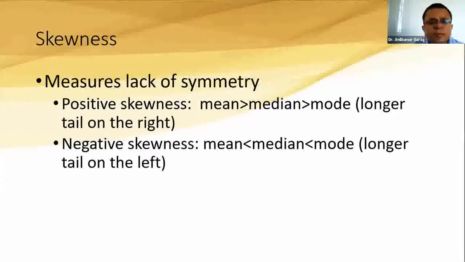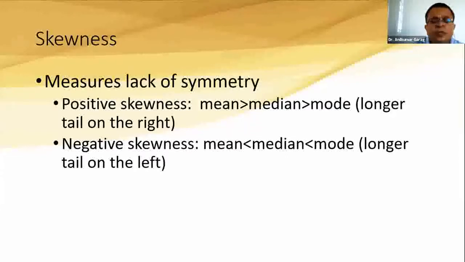Sometimes lack of symmetry also needs to be described. That means that if mean, median and mode are all the same or all equal, then what does it mean? It means that all the data is distributed evenly on both sides of the mean.